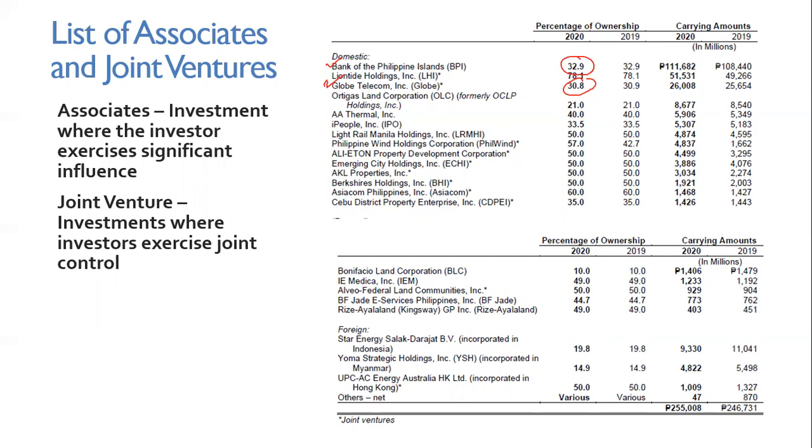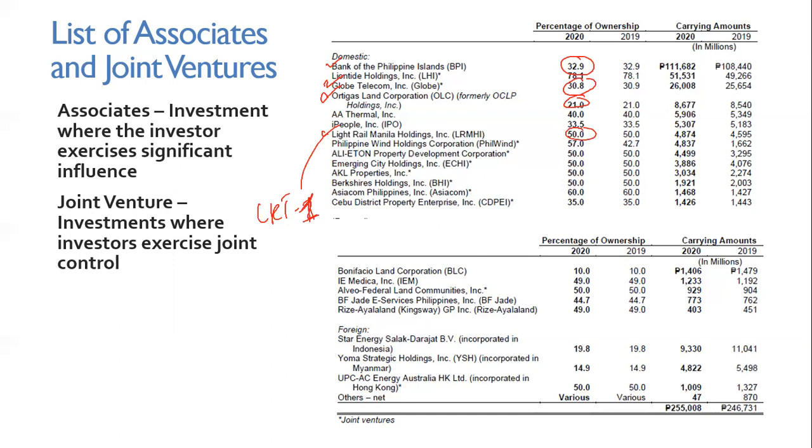Ortigas Land, 21% lang ang ownership. Light Rail Manila Holdings, the operator of LRT1. No, 50% lang ang ownership.